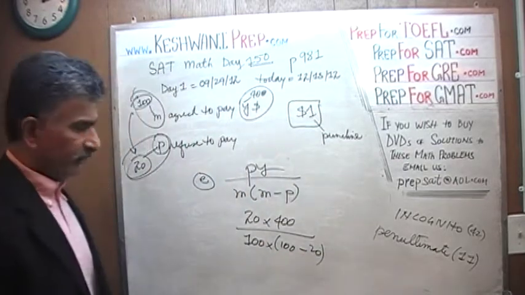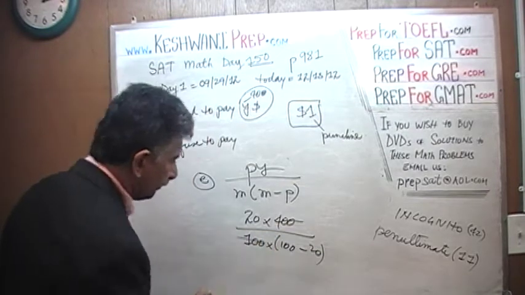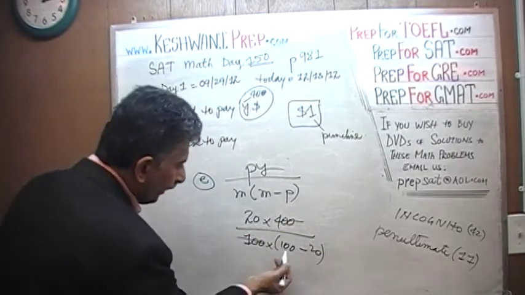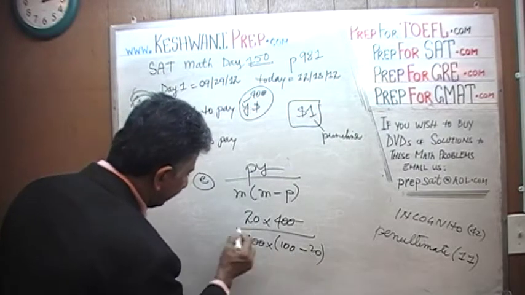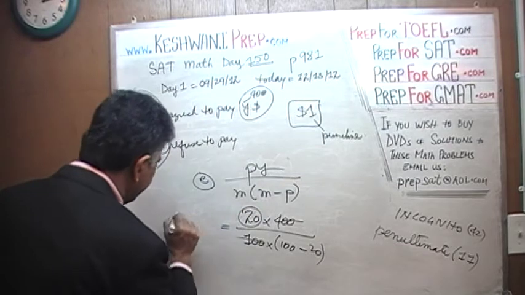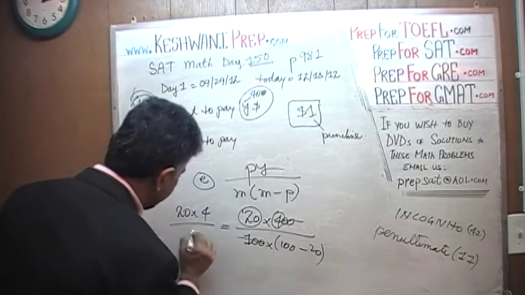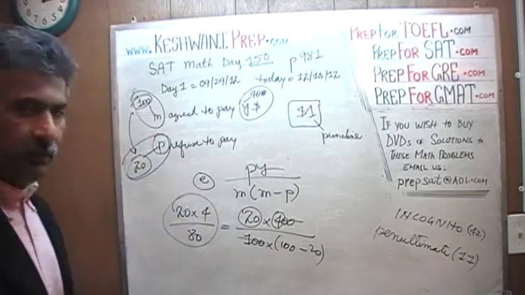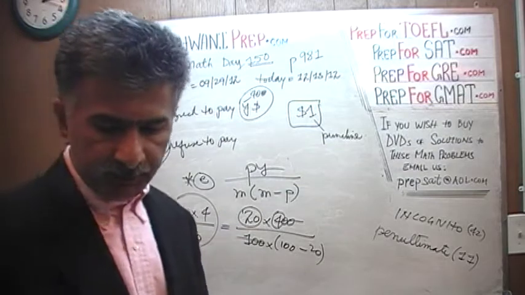And let's see what that works out to be, shall we? So this 400 is going to go out with this 100, so that becomes 4, and 100 minus 20 is 80. There you go. So on the top we have 20 times 4 over 100 minus 20, which is 80. And there you go, 80 over 80, which is 1. The answer is E. That's it, we're done.